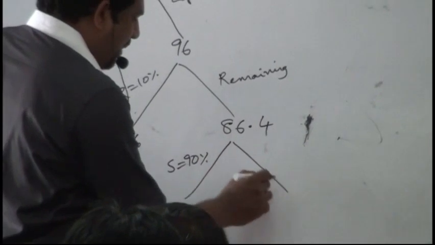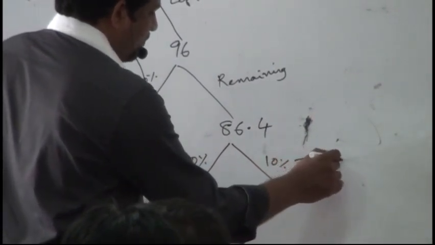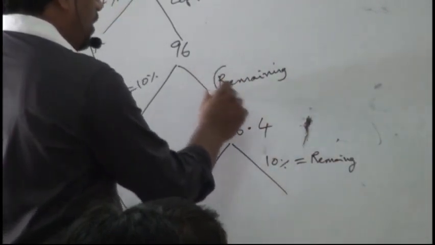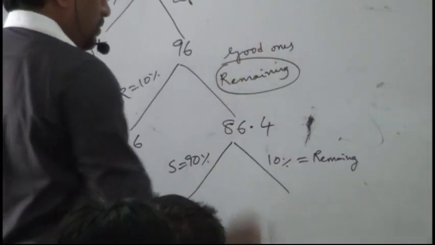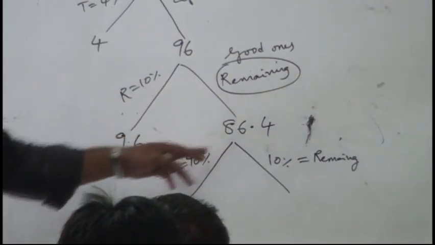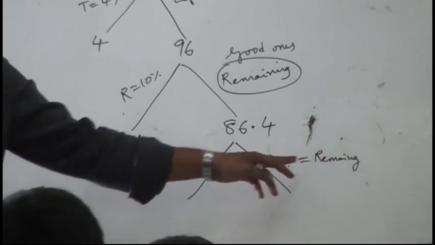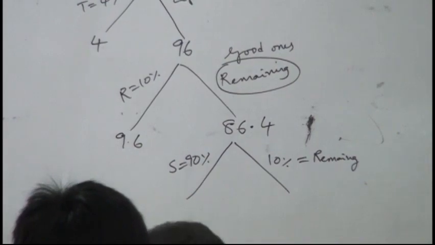So what is the remaining? 10% remaining. Right? As per the problem, he says good ones, right? So 90% of the good ones are sold. So it means 10% of the good ones should be remaining. What is 10% of 86.4?